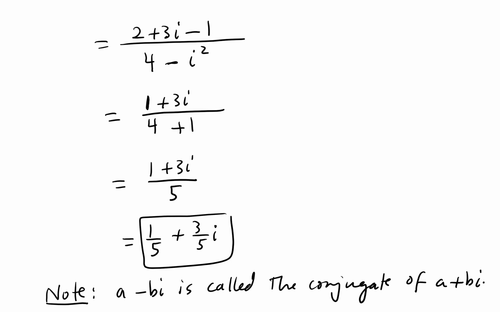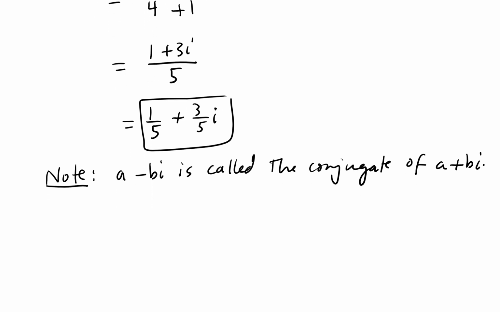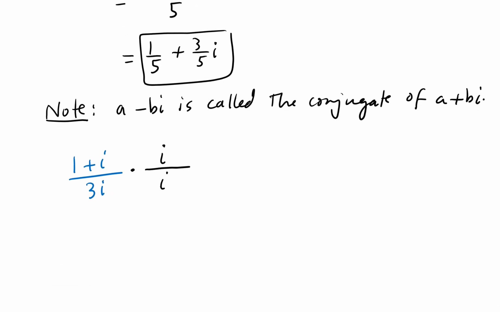If they ask us to maybe rationalize something like 1 plus i over 3i, in this case, you multiply top and bottom by just i, or 3i, it doesn't matter, but you're going to simplify it at the end. And what do we get on the top? You multiply 1 times i, plus i squared. On the bottom, 3i times i, 3i squared.